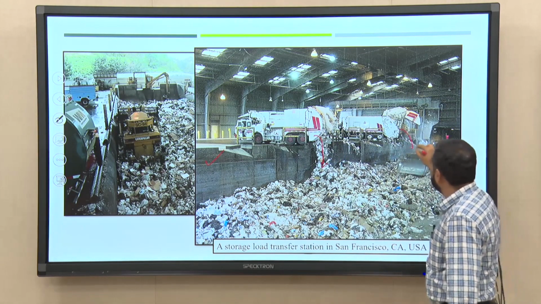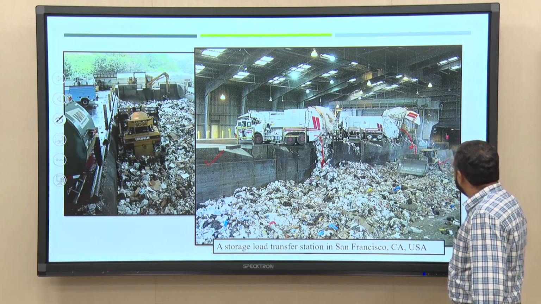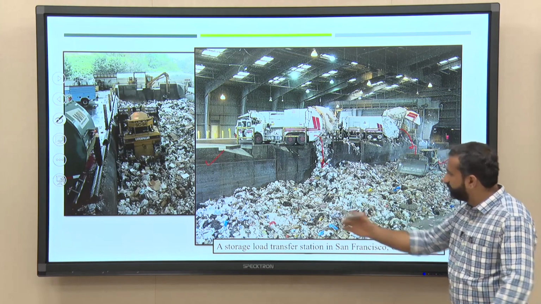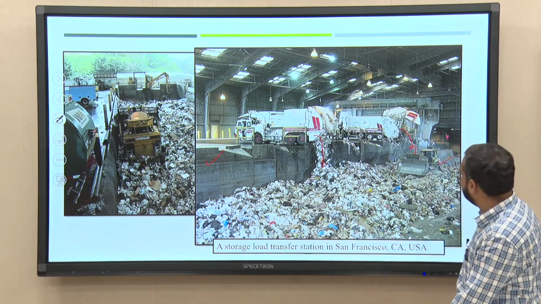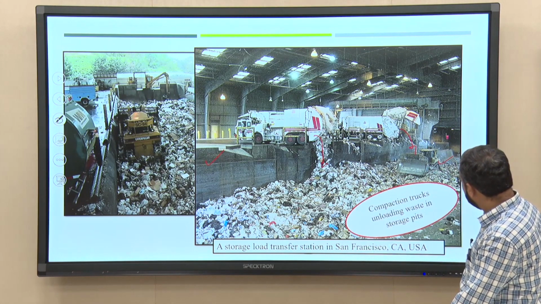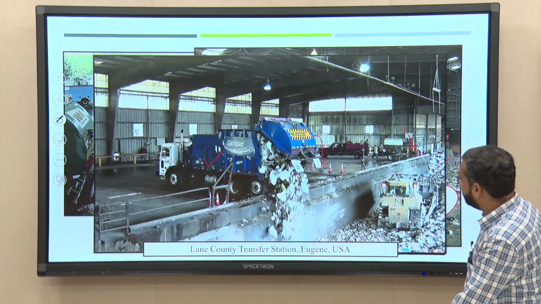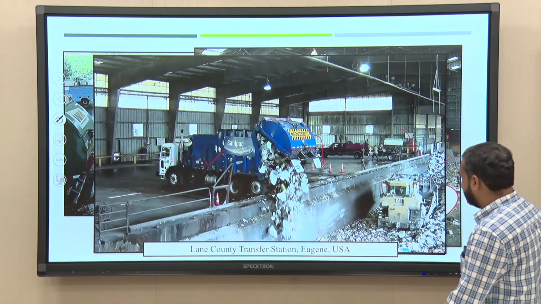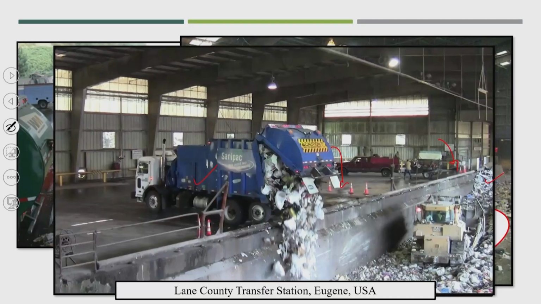Different vehicles are coming and disposing the waste, and by different vehicles the waste is pushed into a different area or to the larger vehicle facility. A compaction truck is unloading waste into the storage pit. These are the compactor vehicles. This is one photograph from the US, where the waste is being unloaded into the storage pit.